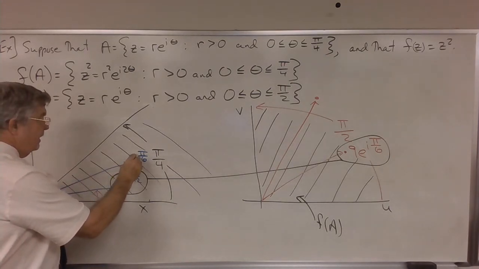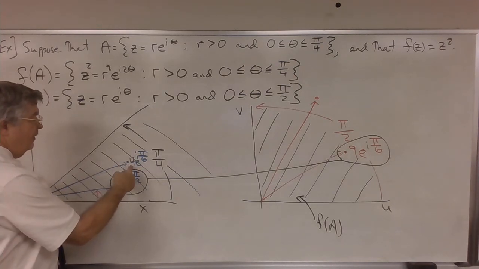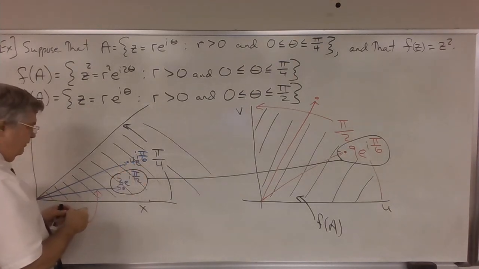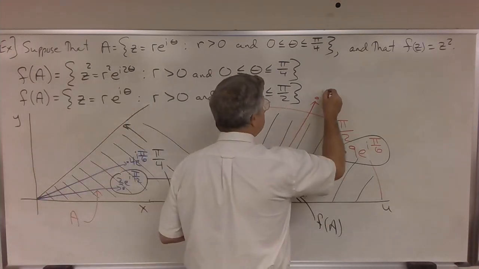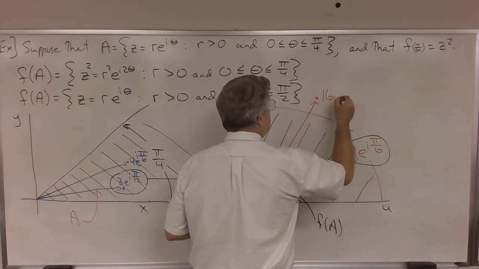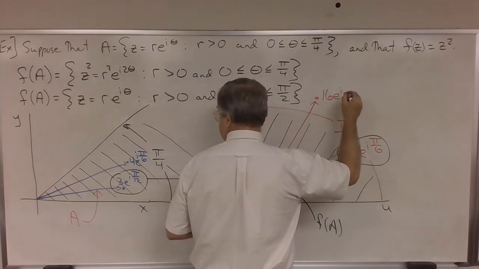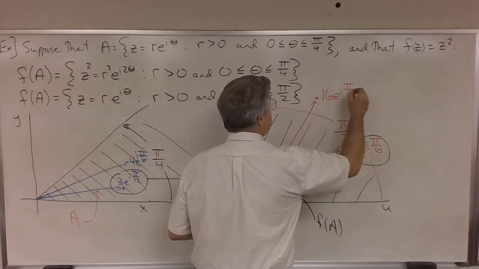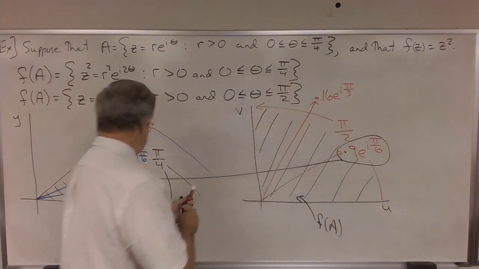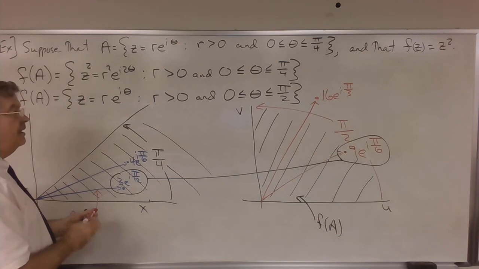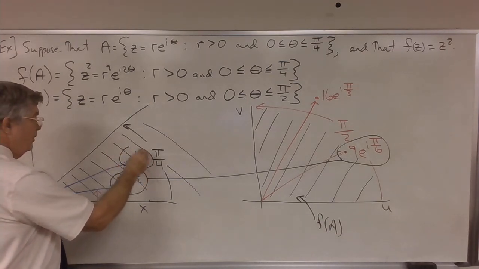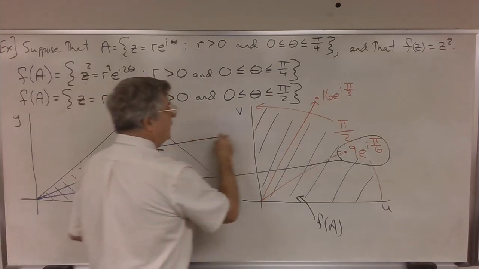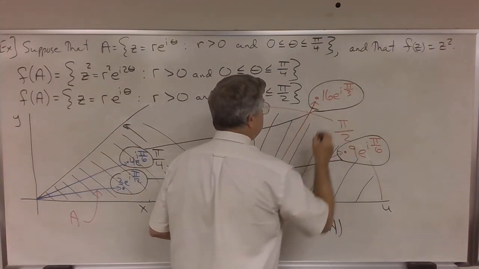Oh yeah, this should be 4 e to the i pi over 6. And we square that and we get 16 e to the i pi over 3. So the image of this particular point under the function f is this particular point.